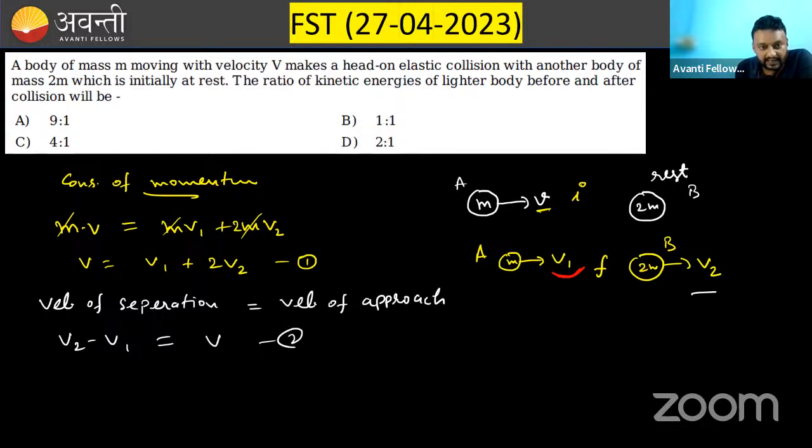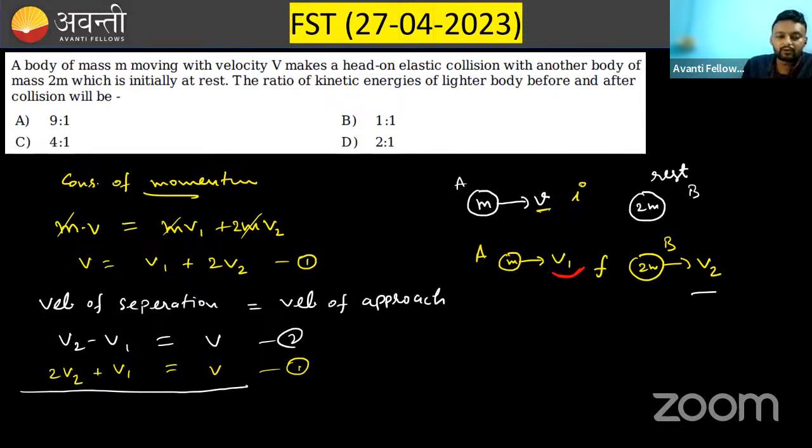If I write the second and first equation close to each other, the first equation is V is equals to V1 plus 2V2. Now we can solve these two equations. We want to calculate V1, so don't try to cancel it out. If I want to calculate V1, then I will cancel V2. So I will multiply 2 in this and subtract these equations. Clear?